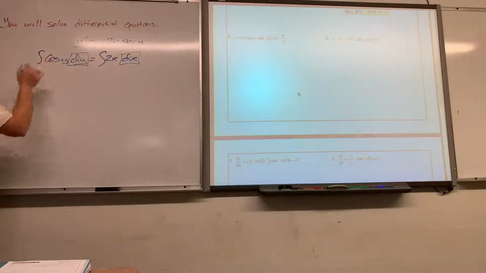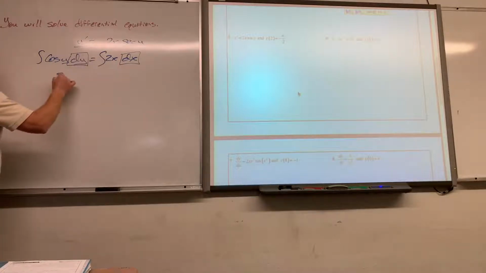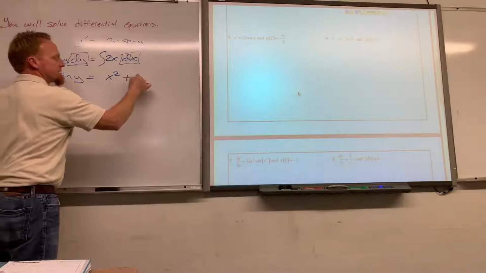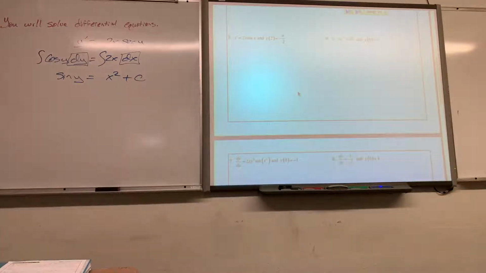Alright, so if I integrate cosine, I get sine. Over here, integrate that, I'm just going to get x squared plus c. Courtney, what's next? Get the c separate. Figure out what c is. So that means I need to plug in. So I plug in negative pi over 2 right here. What's sine of negative pi over 2?